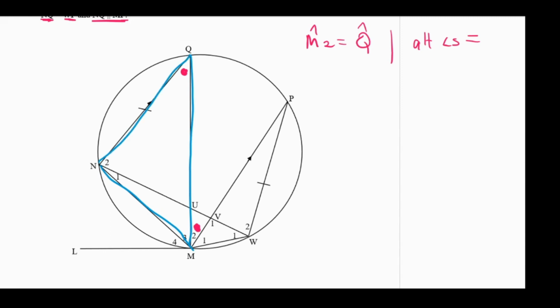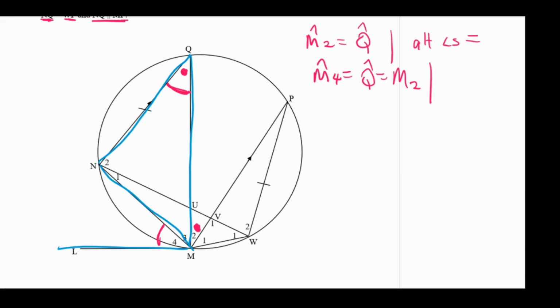So this triangle, remembering that LM is a tangent, right? This angle here is equal to this angle here. So it's the tan chord theorem, right? So we're going to say M4 is equal to Q is equal to M2, right?